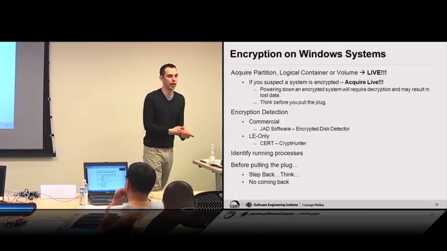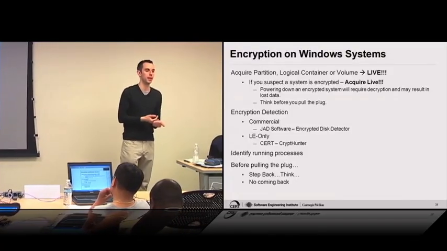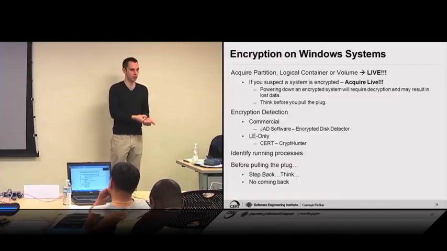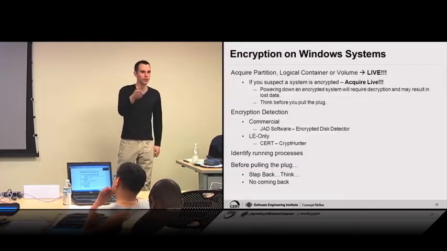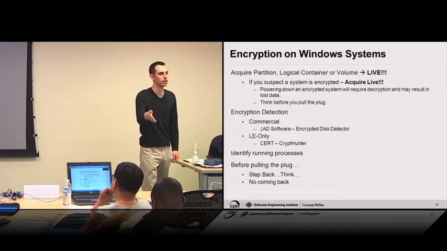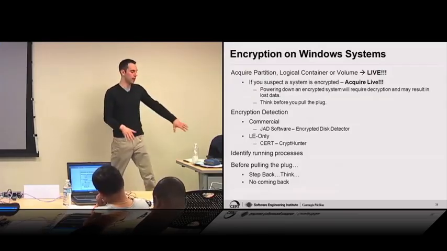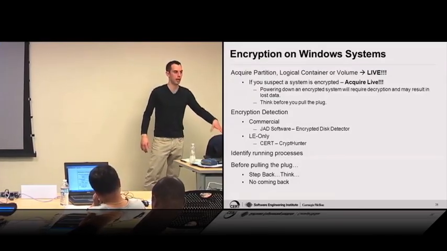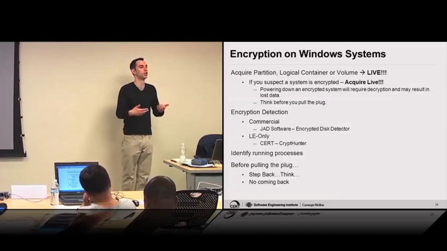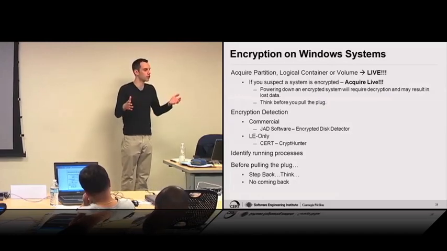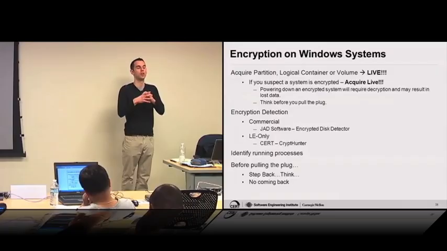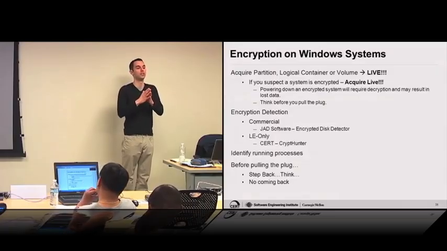The other thing that I want to point out, which actually comes up quite a bit, is that when you're doing imaging, people tend to think about the physical disk, like you want to get a physical disk image. If you have interactive access to the desktop, and your C drive, for example, is full disk encryption, but your C drive is decrypted, right? Because you're logged in and you've put in the credentials and everything.